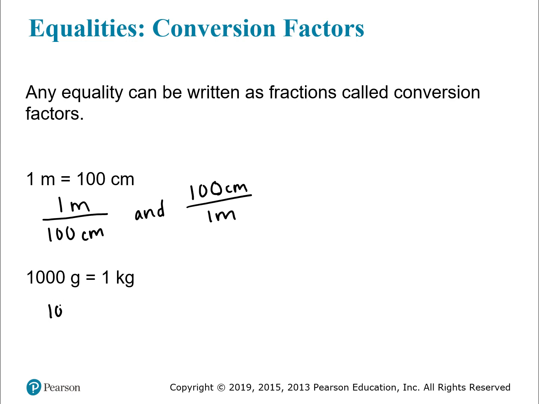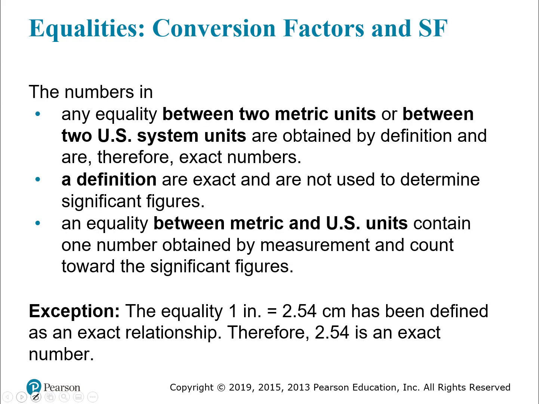You take one number from your equality, write it as the numerator, write the second number as the denominator, and for the second conversion factor, you flip it over on its head and write the reciprocal. We'll do more practice with that in class.